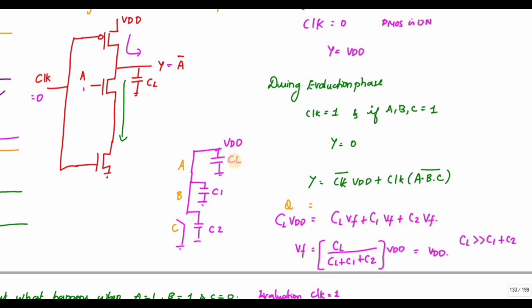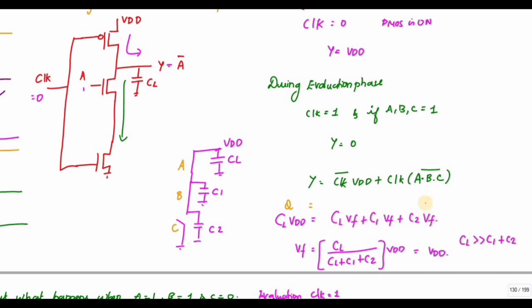Since the charge in VDD gets shared, suppose VDD is 9, the charge gets shared as 3, 3, 3.